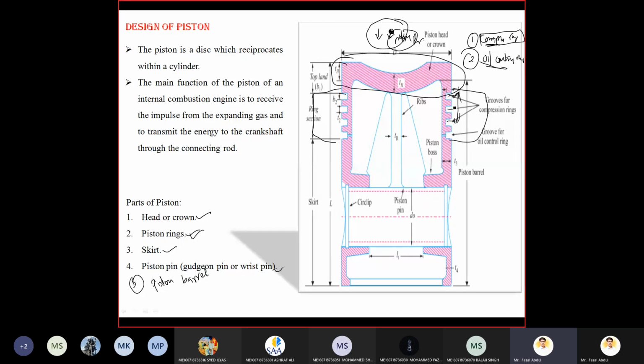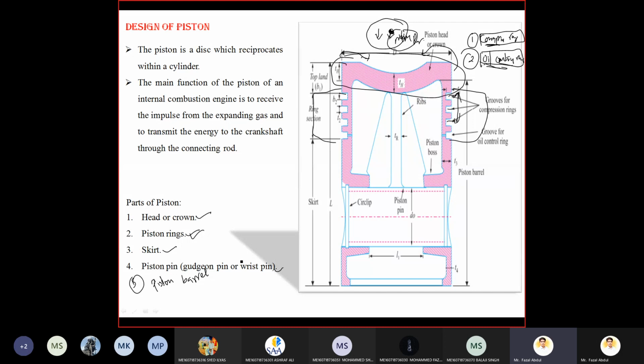But because of continuously supplying the oil, a huge amount of oil is going to be supplied, and that oil is going to get involved in the combustion chamber. That is another disadvantage. So the optimum oil supply is achieved by the oil control ring. See here, the title itself indicates oil control rings.